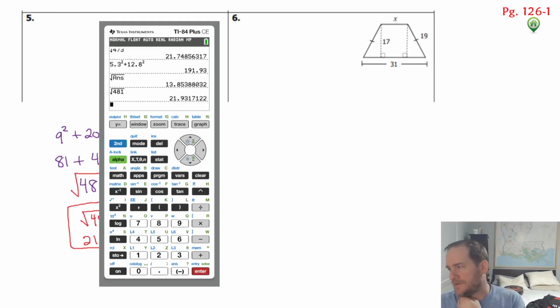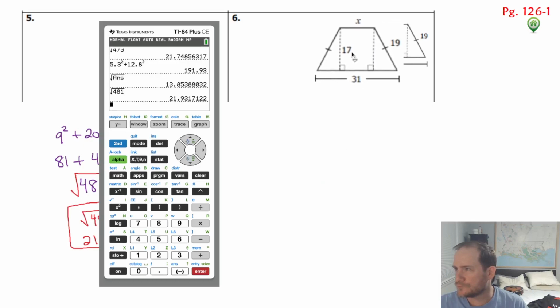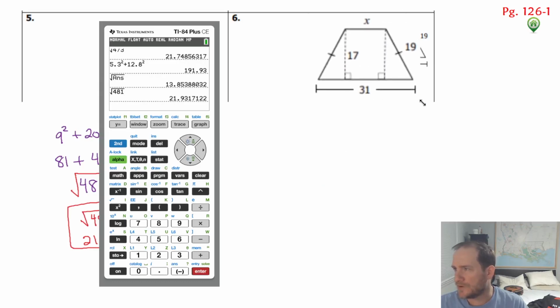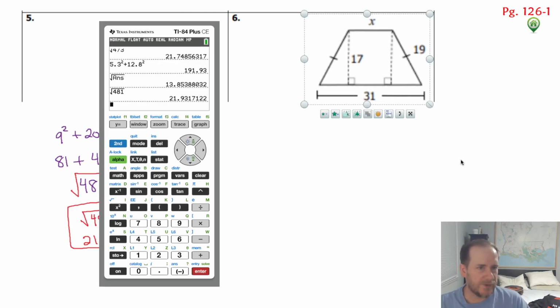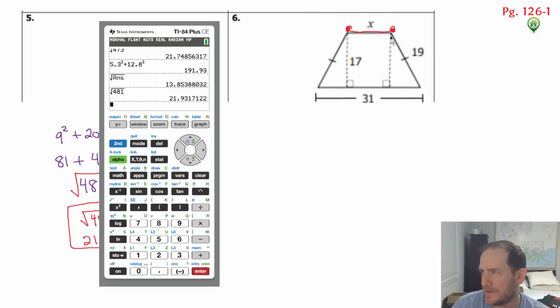All right, so in 6, you're actually looking at a trapezoid, but the two ends of the trapezoid are right triangles. Just gonna make this bigger. That's plenty big. So the trick to this problem was that to solve for x, if x is this red piece up here, then we kind of know that we could take that red piece and just drag it down.